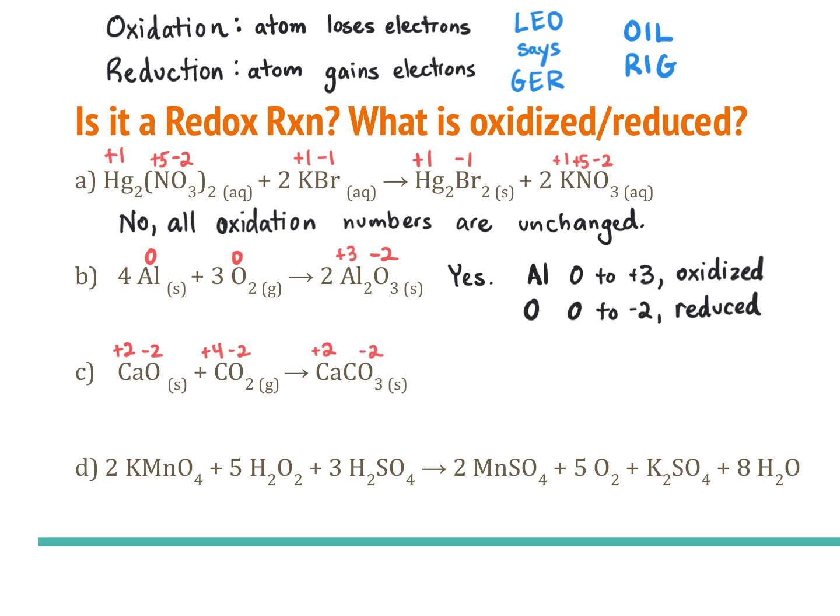That means that the carbon has to be +4. So in this case, it looks like all the oxidation numbers stay the same, so this is not a redox reaction.